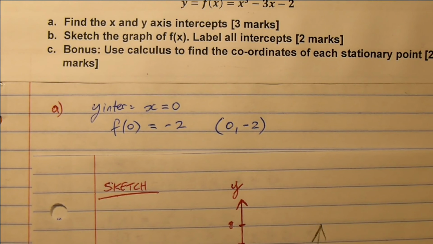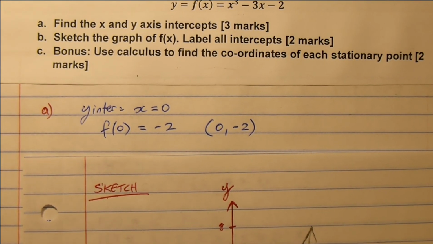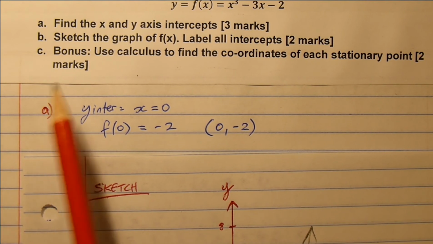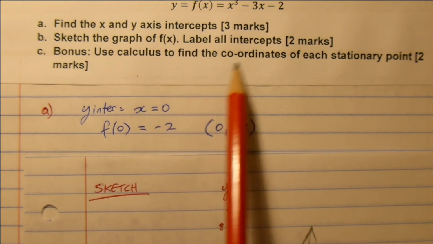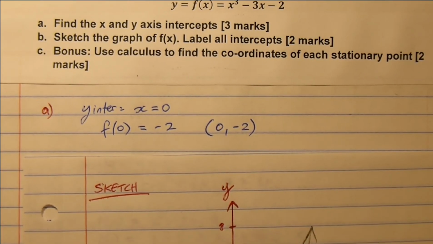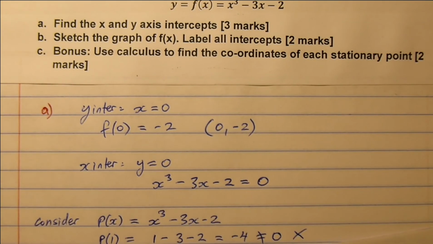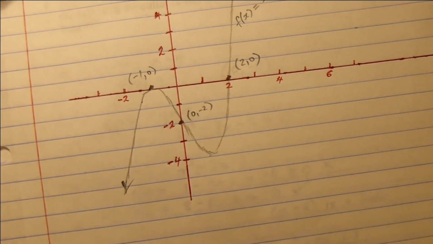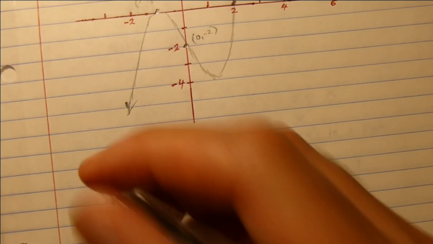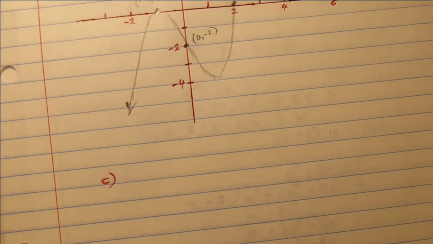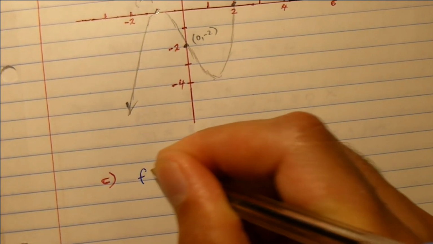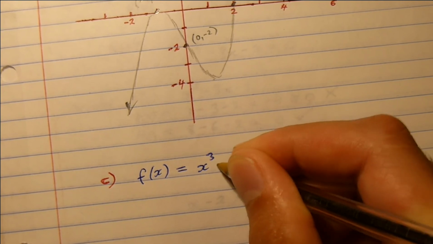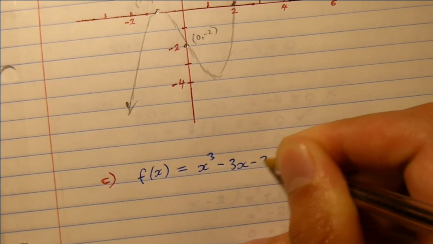Now part C is the bonus part of the question. So if you haven't done calculus yet, that's the end of the video for you guys. If you have, we're going to use calculus to find the coordinates of each stationary point. So over here, I'll just put part C. So f of x was x cubed minus 3x minus 2.